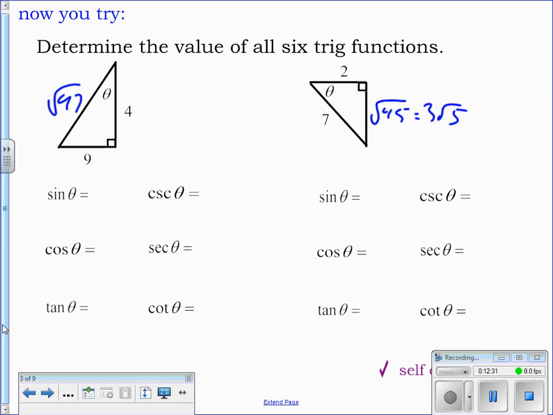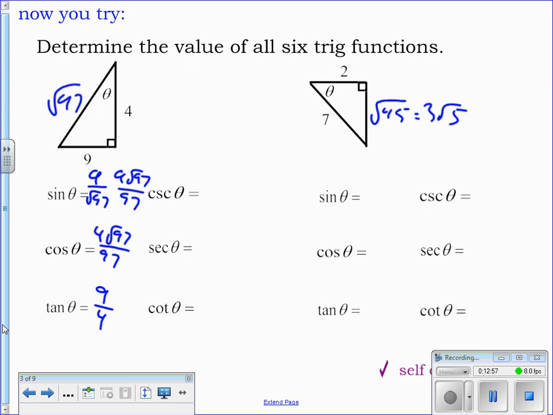So you get 9 over the square root of 97. You have to rationalize it, so it's 9 root 97 over 97. The cosine ends up being 4 root 97 over 97. And the tangent is 9/4.